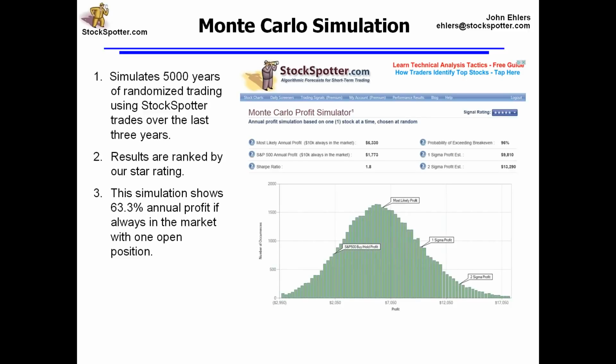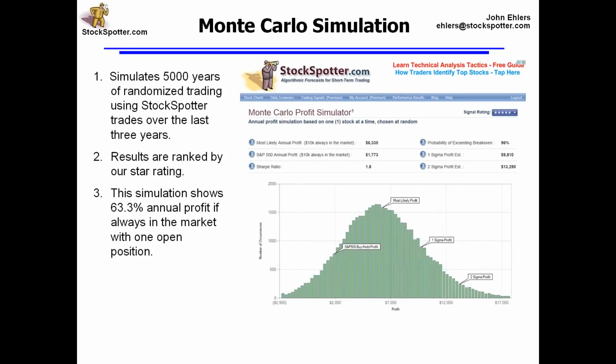At that time, we note the profit, and we write that down in a database, and then we repeat that draw 5,000 more times, so that what we have done is simulate randomized trading over 5,000 years using the real data over the last 3 years.